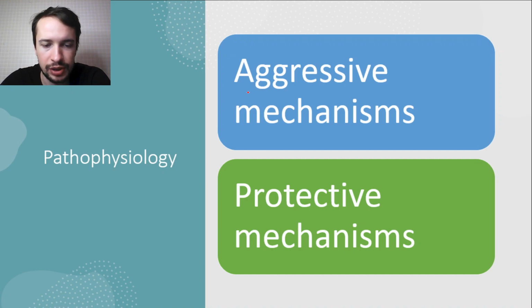Protective mechanisms, secretion of mucus and bicarbonate, form a protective barrier that prevents the gastric juices from digesting and eroding the gastric epithelial cells. Ulcer formation occurs when the protective mechanisms are disrupted or excessive acid or pepsin is secreted.